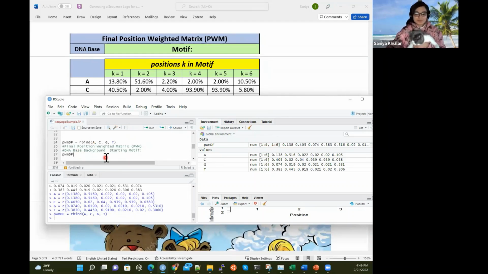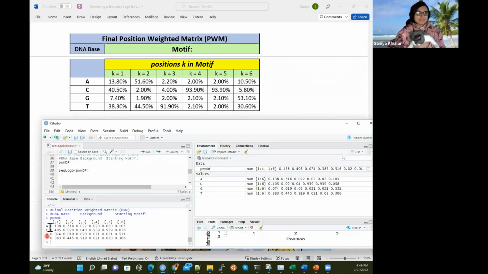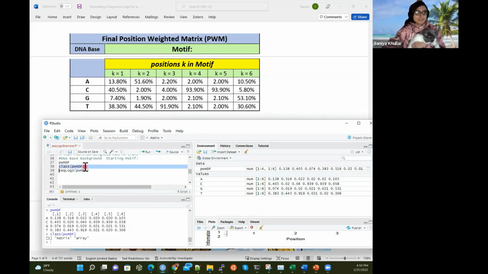And now this is our probability weighted matrix. It has A, C, G, T, and these 6 positions correspond to these 6 positions here. This is exactly what we want. Again, we can check the class of PWMDF. If in case these help you, you can check the class. You can even do str, which is for structure.